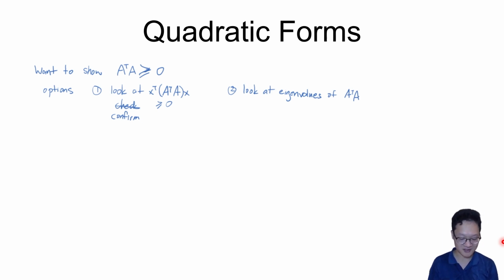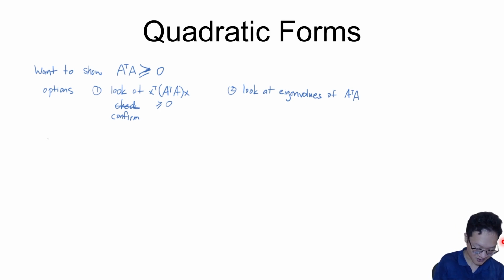We have learned two definitions, so the proof must use one of them. The second option, looking at the eigenvalues of A transpose A, seems a little hard because we have no idea what A is. A could be anything, literally. And computing eigenvalues is somewhat of a process, so without knowing anything about A, option number 2 doesn't seem very promising. So we're going to go with option number 1.